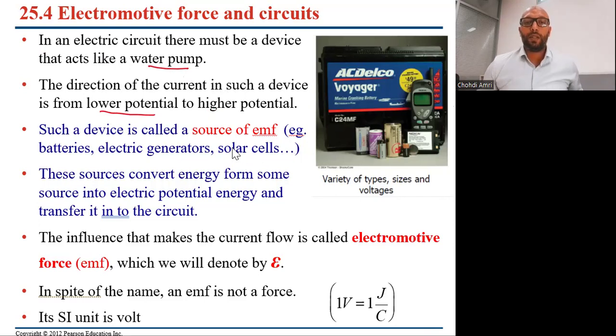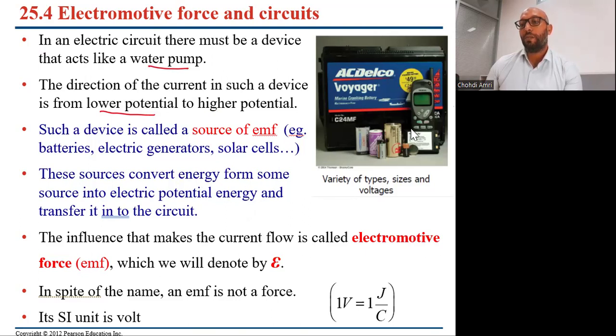So in the electric circuit, we must have a device acting like a water pump in a fountain, for example, that pumps the charges in the circuit. This source converts energy from some source into electric potential energy.